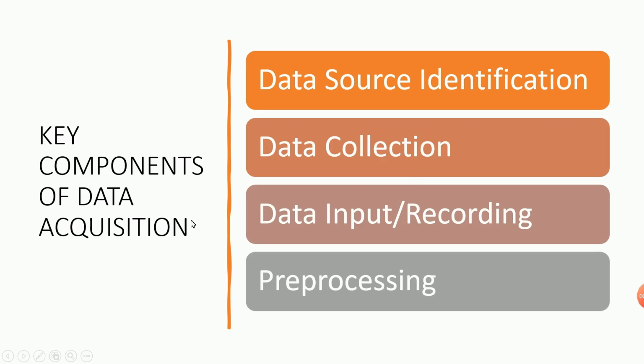Now there are certain key components. First is data source identification. When I am going to conduct a study, I have to first identify the data source. Next, I have to approach the source and then collect the data. That is data collection. Third one, I am recording or inputting the collected data, storing it in a certain format, and then pre-processing, that is the coding.